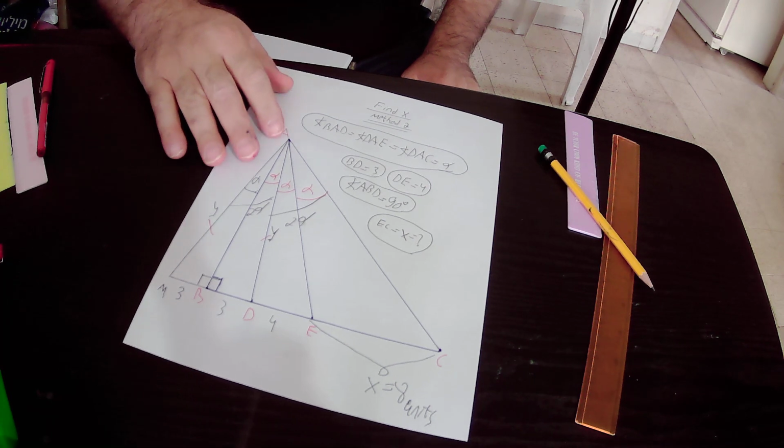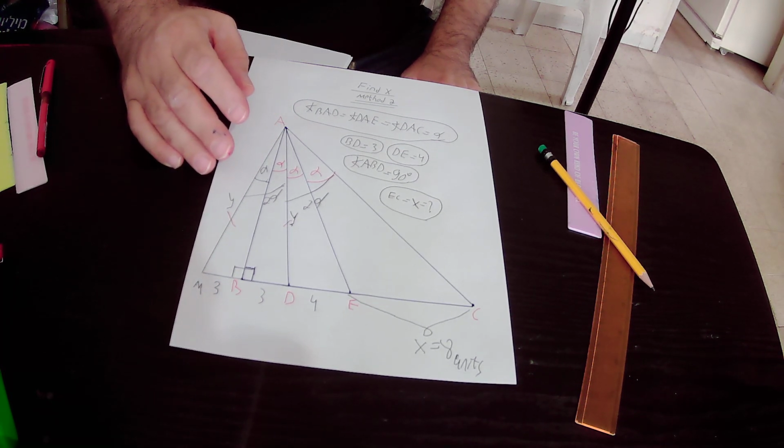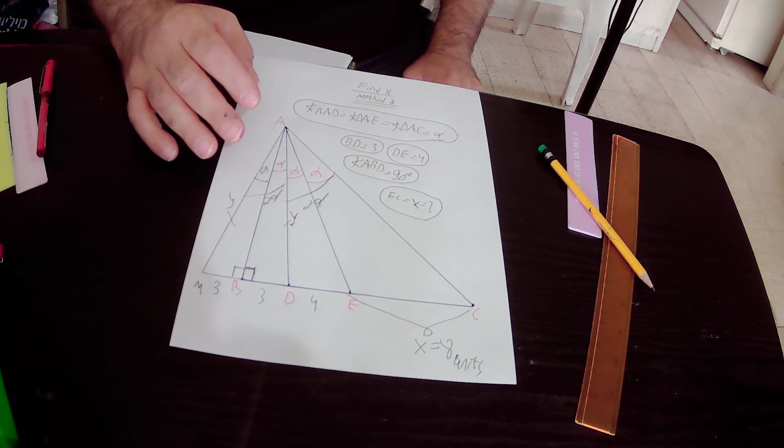So we finished finding the value of x according to method 2. In the next step I will summarize the lecture.